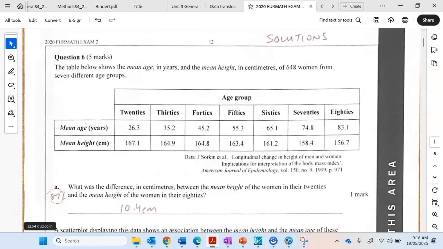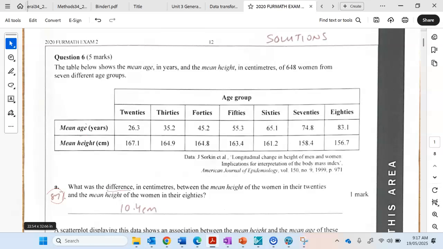Anyway, let's get started. So question 6, the table below shows the mean age in years and the mean height in centimetres of 648 women from 7 different age groups. I've got our data there. What was the difference? The word difference just means you subtract.